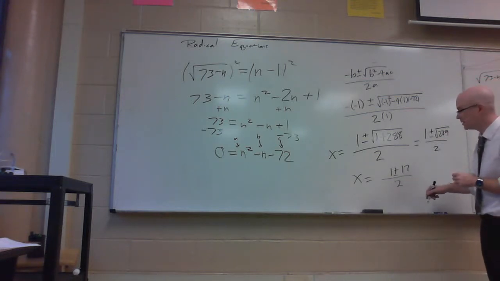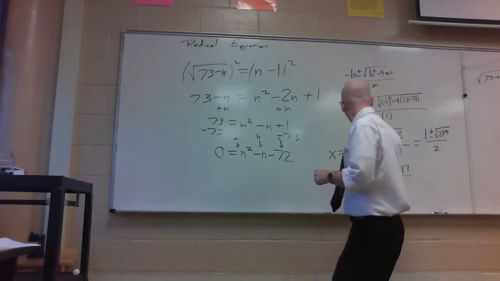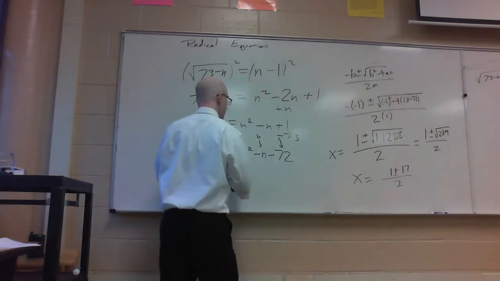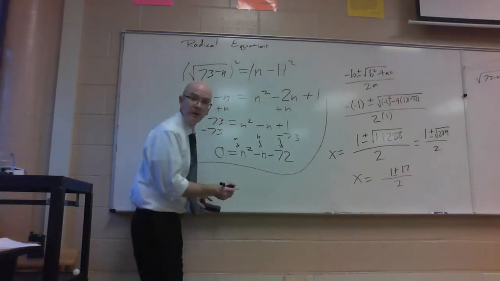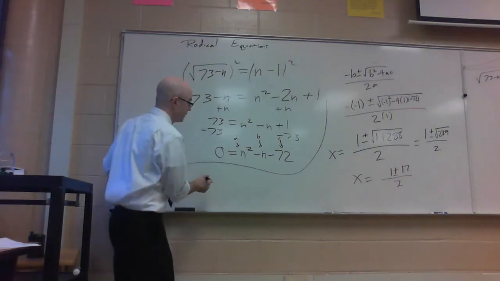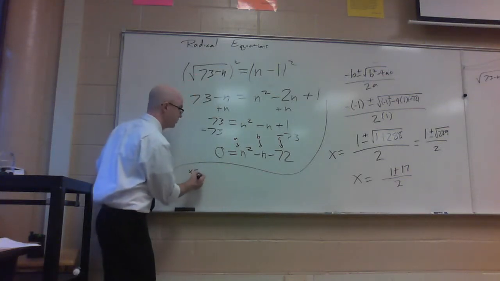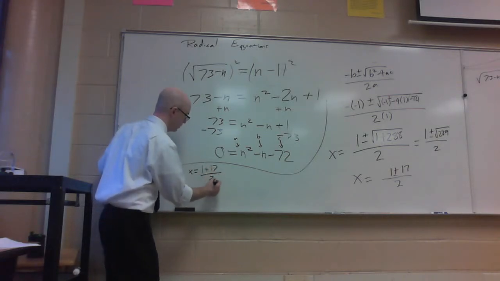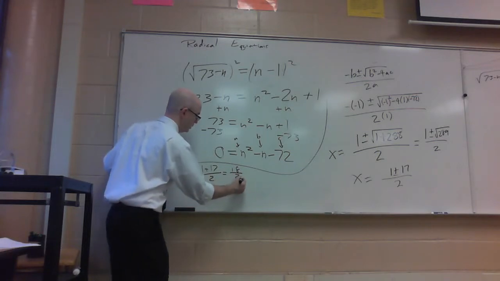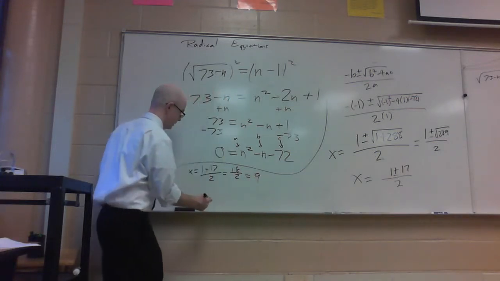So you've got two cases now. Let me make a little bit of room over here. You can still see, okay. So I'm going to have x equal to 1 plus 17 over 2, which is equal to 18 over 2, which is equal to 9.